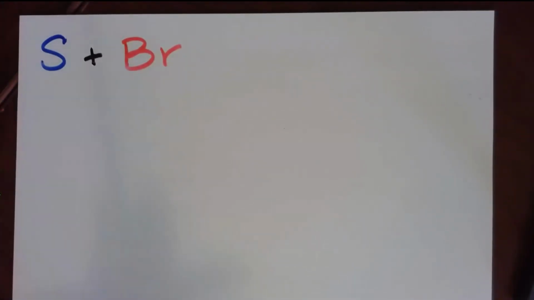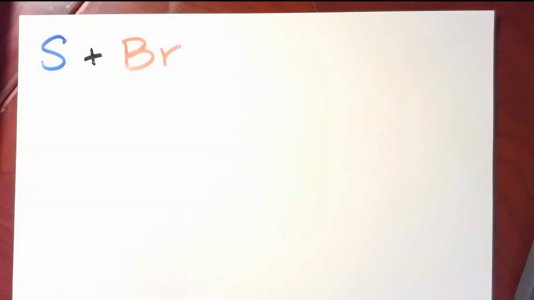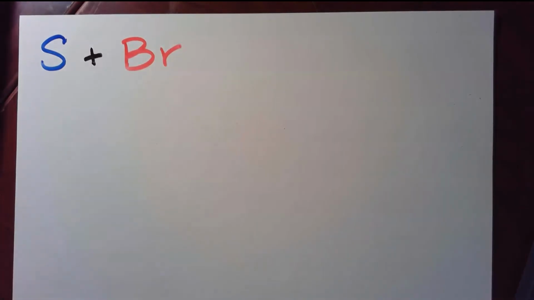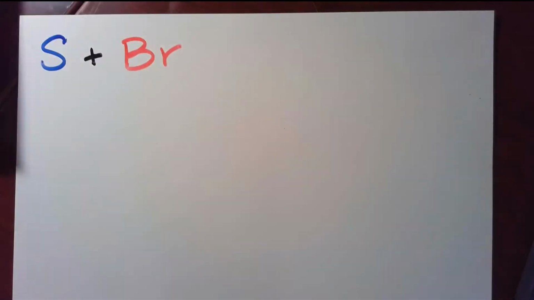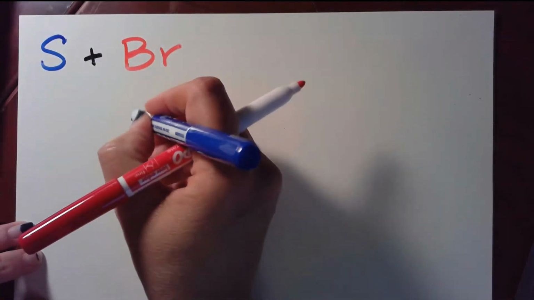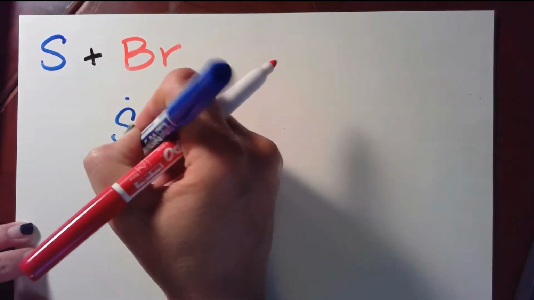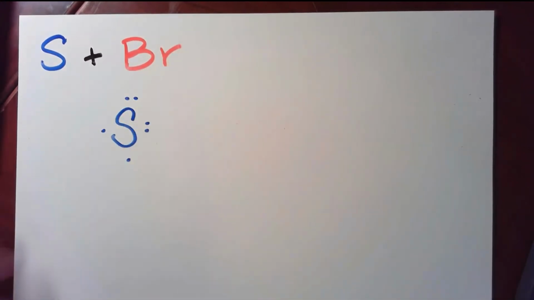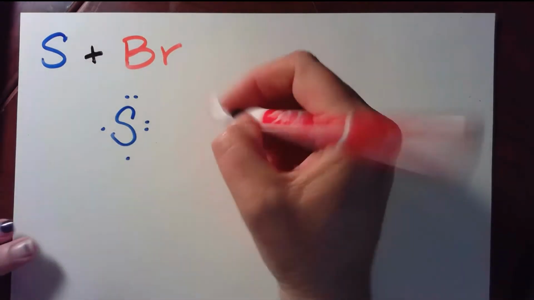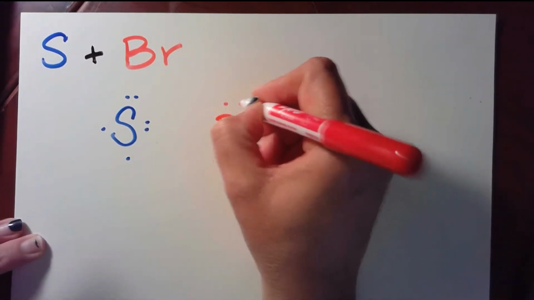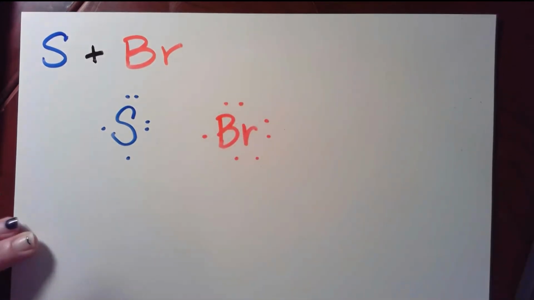Okay, so here's one of our last examples. We have SBr and then we're going to do P and H. So if you look up S on the periodic table, again, S is in group 16, which means it has 6 dots. So I'm going to draw S with 6 dots. And then Br is in group 17, which means it has 7. So Br, 1, 2, 3, 4, 5, 6, 7.